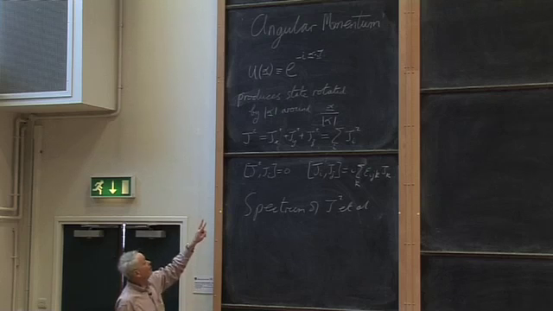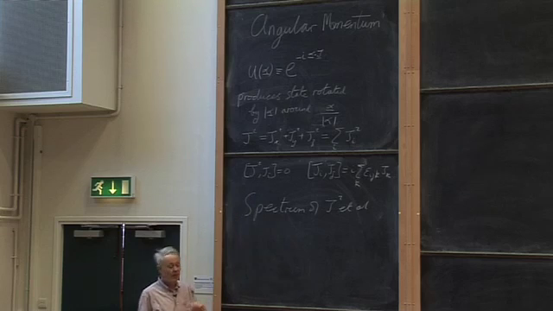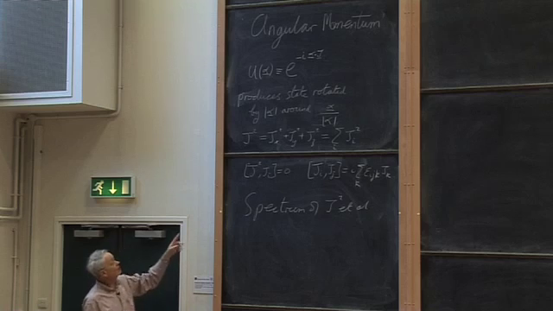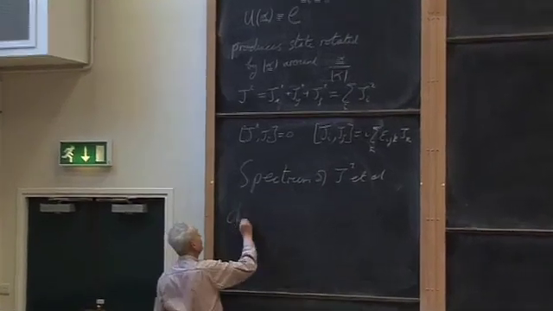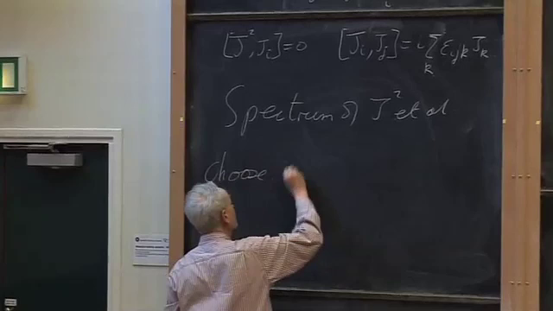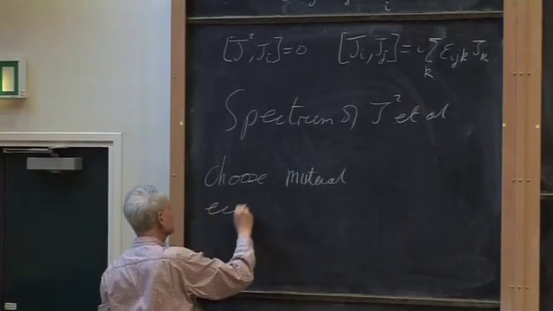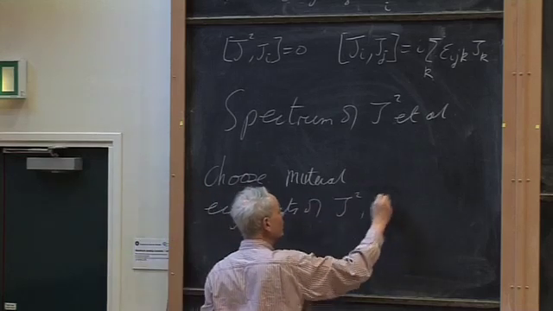But there is a complete mutual set of eigenkets because of that commutation relation, because J squared commutes with all of its subordinates. There is a complete set of mutual eigenkets of J squared and any one of those, and it's conventional to pick, just at random, that we choose to have mutual eigenkets of J squared and Jz.